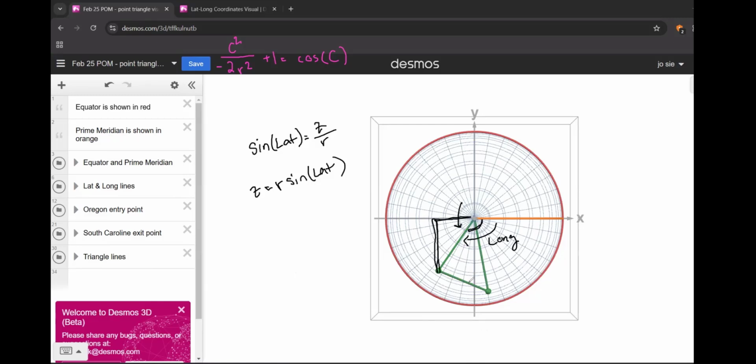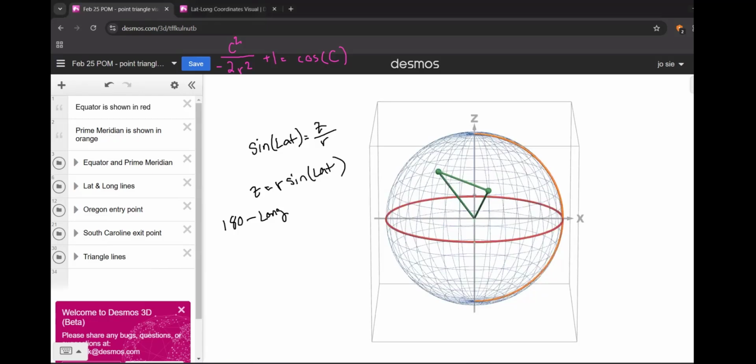So how can I figure out what that angle is? Well, it's just this 180 degrees minus what we've gone so far. It's gonna be 180 minus our longitude. So that's the angle that we're working with, 180 minus our longitude.